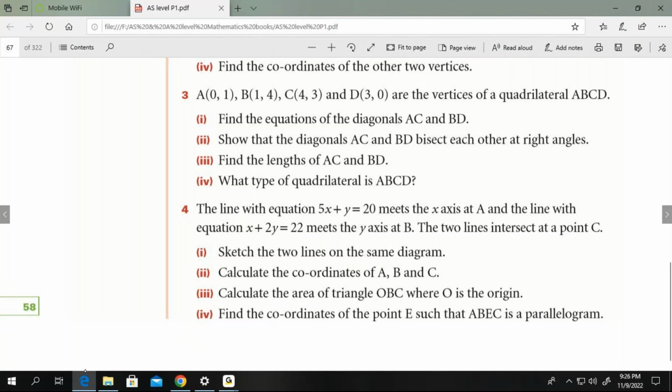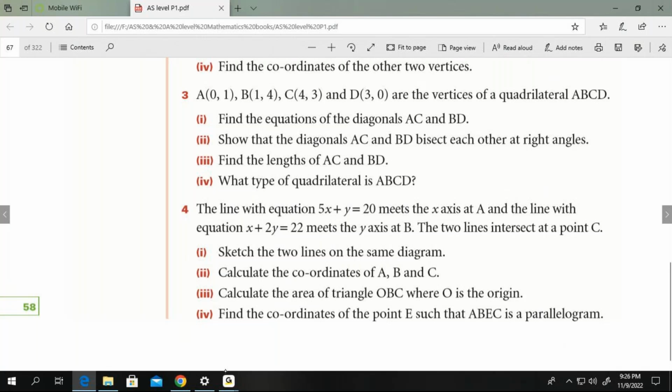Okay. Now once you find out the equation of the diagonals, they ask you to show that the diagonals bisect each other at right angles. What is this supposed to mean? Once you have made the equations of AC and BD, in the next part you need to find out their slopes by comparing them with the standard equation.